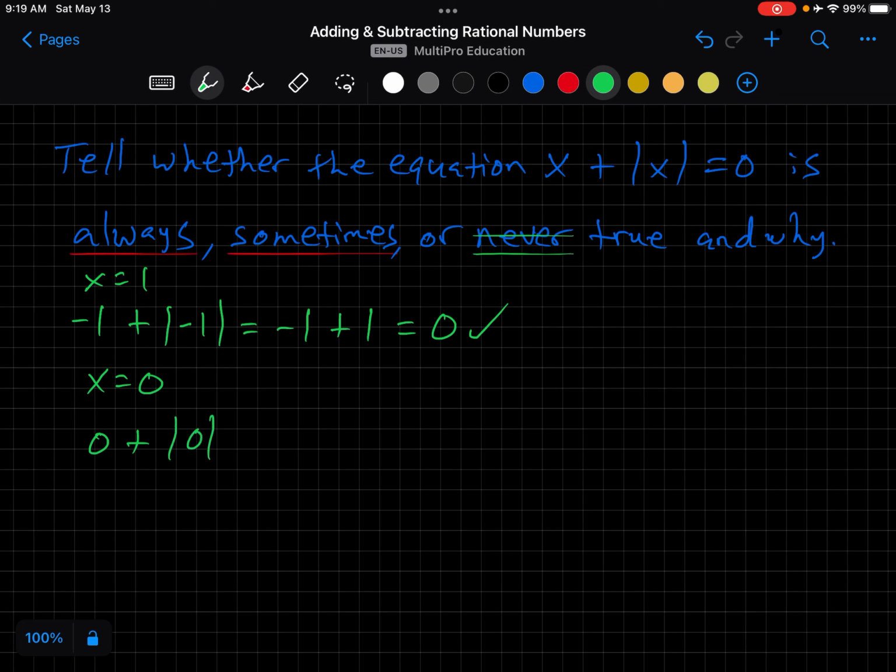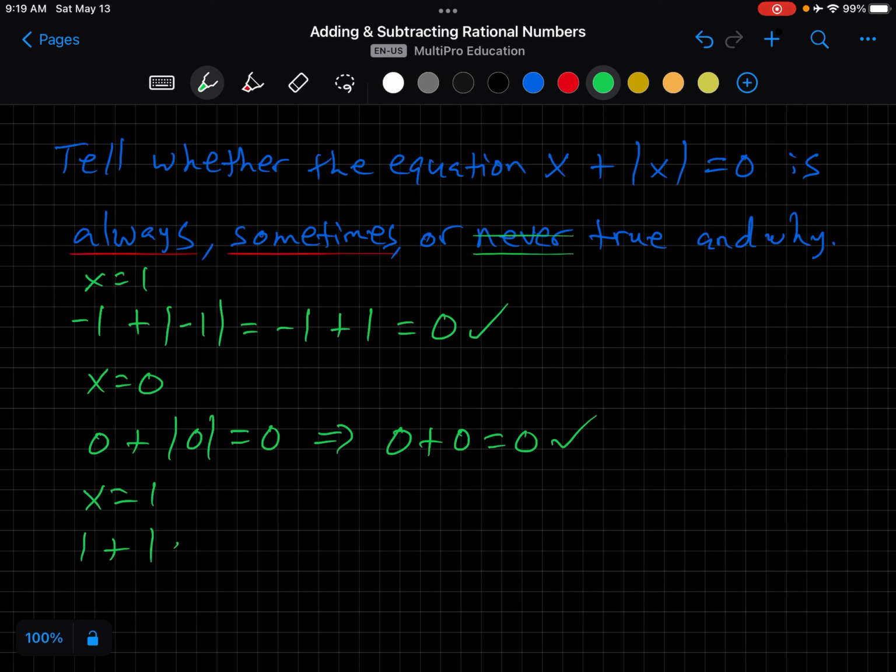Alright, let's do x is equal to 0. 0 plus the absolute value of 0, is that equal to 0? So we get 0 plus 0, that is 0. So we still know that it's always or sometimes. We don't know which yet. Let's do one more case. Let's do positive numbers.